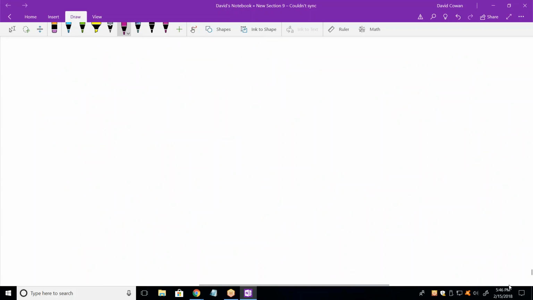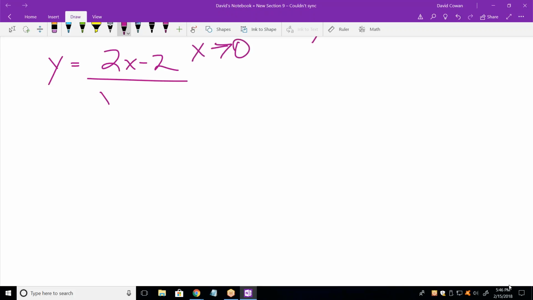This next one is looking for all the vertical asymptotes of the function f of x equals 2x minus 2 over x minus 1 in parentheses times x squared plus x minus 1 in parentheses.